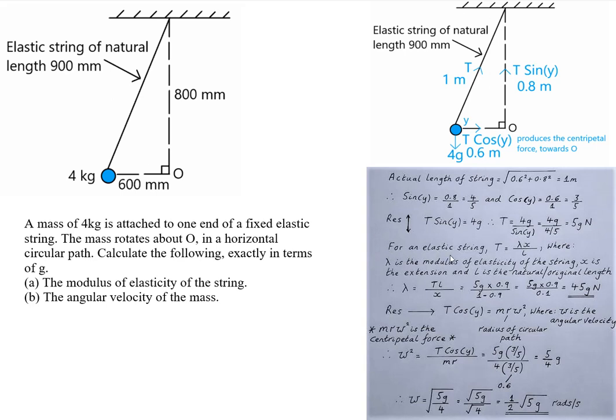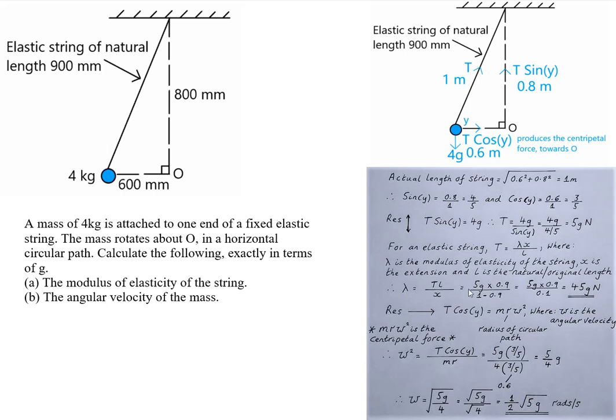Now for an elastic string, the tension equals lambda x over L, where lambda is the modulus of elasticity of the string, x is the extension, and L is the natural or original length. So rearranging this equation, lambda equals TL all over x.